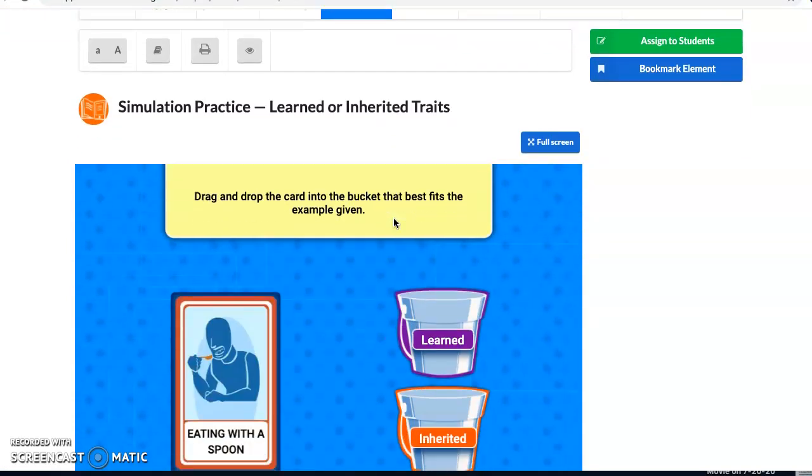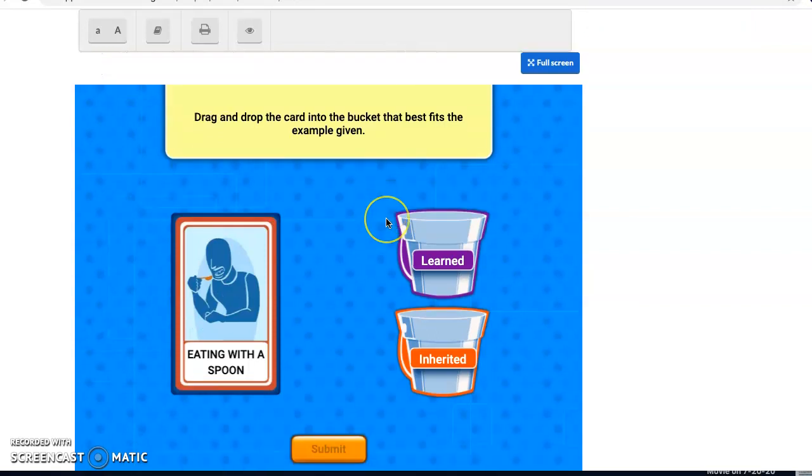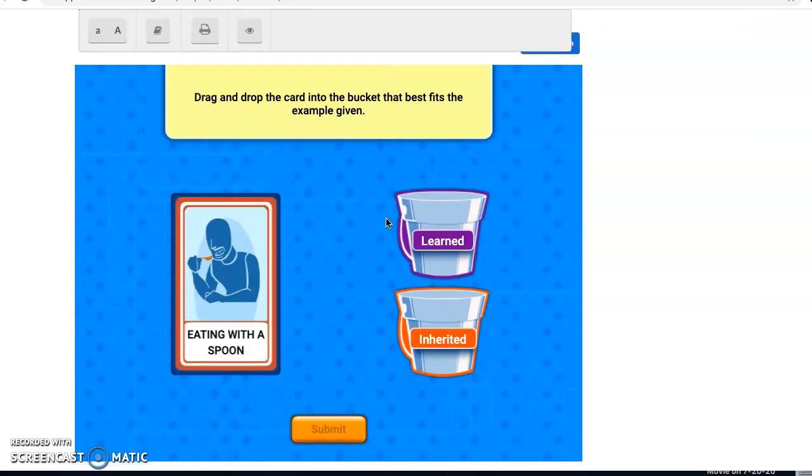Next is some simulation practice. So here students get the opportunity to engage directly with objects on the screen in order to interact more like they would in a lab environment.